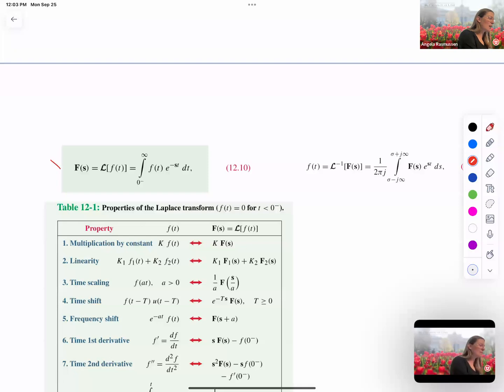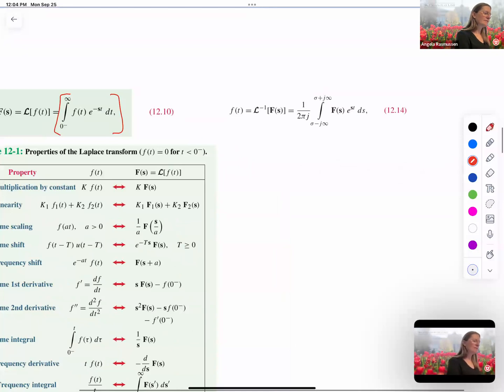So this is the Laplace transform. It's a capital F, and then we're in the S domain, so we use S. So F of S is equal to the L, the squiggly L, meaning a Laplace of a time domain signal f of t. And that is actually this integration from 0 minus to infinity of f of t e to the minus st dt. That's all that the Laplace means.